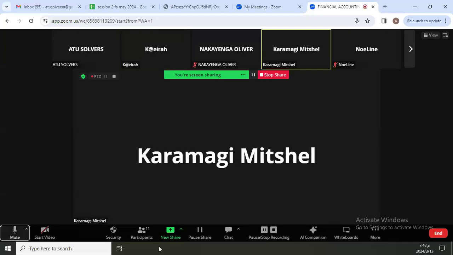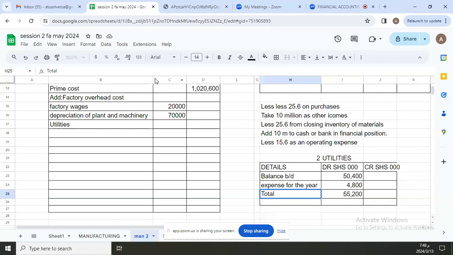For me, I can see the whole thing. Is the screen okay? But right now we are not seeing it. Can you see it now? Yes, you can see.